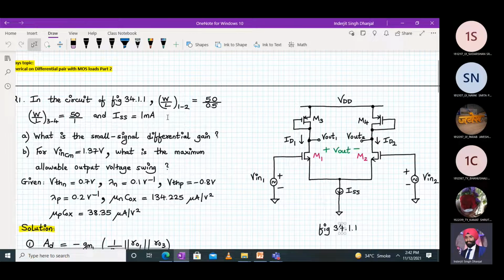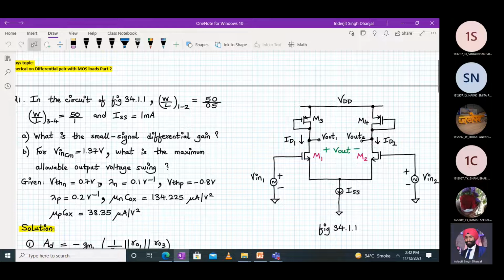They are asking us to calculate the small signal differential gain. And for the input common mode level of 1.37, what is the maximum allowable output swing? This is similar to what we have solved before, but this is for the diode connected load.